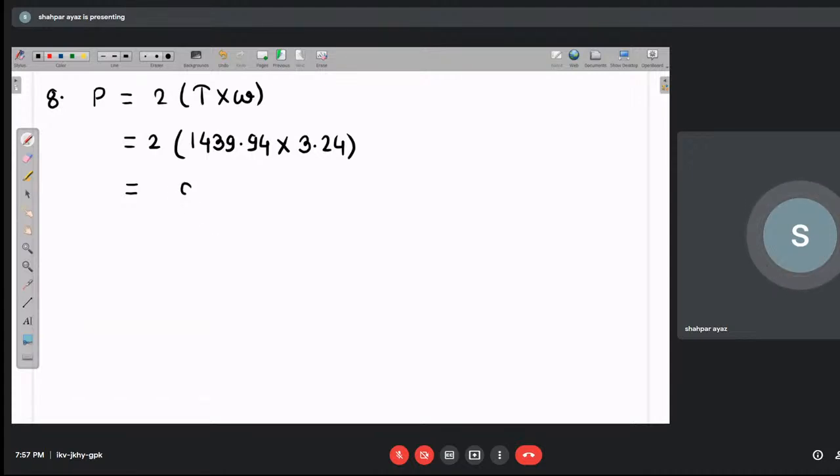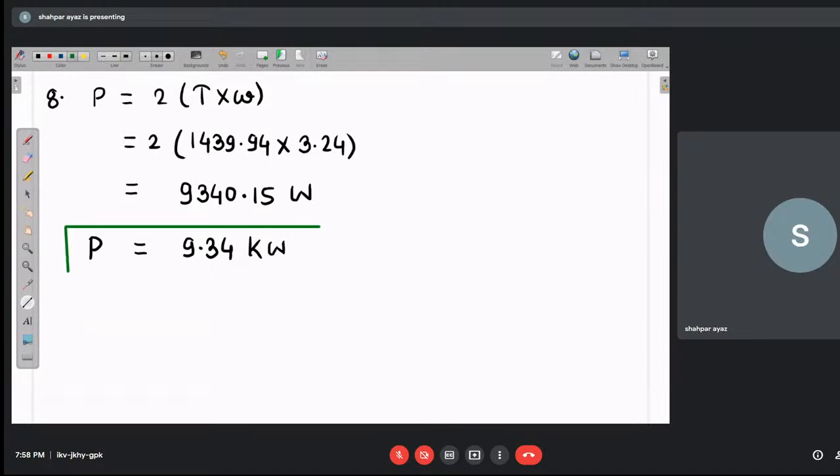This we are getting 9340.15 watt. In kilo it is 9.34 kilowatt approximately. Right, this is your rolling power. Nine point three four kilowatt.